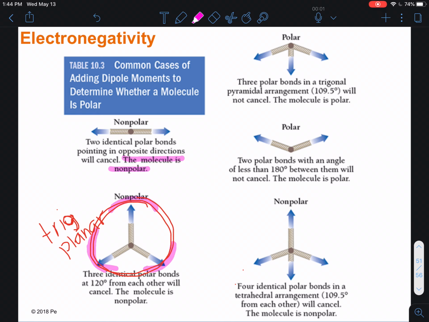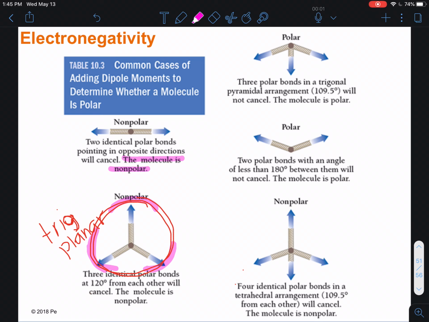As you can see from how I drew it, this molecule is nonpolar because it's uniform. The electron density is uniform around the molecule, all right? It's the same amount of electron density up here as it is down here. So the three identical polar bonds at 120 degrees from each other will cancel.